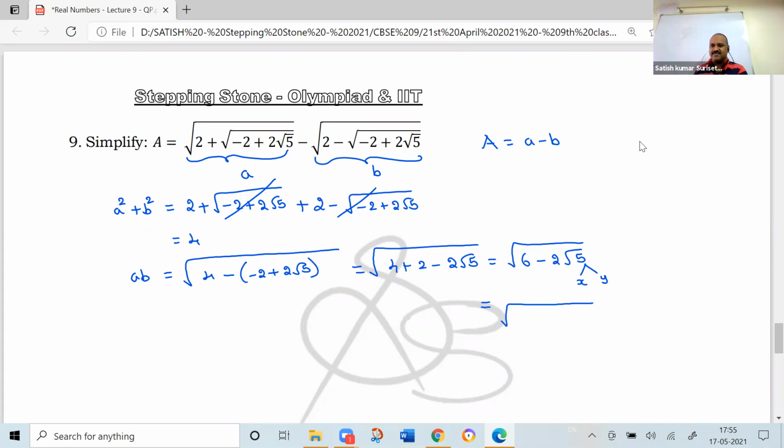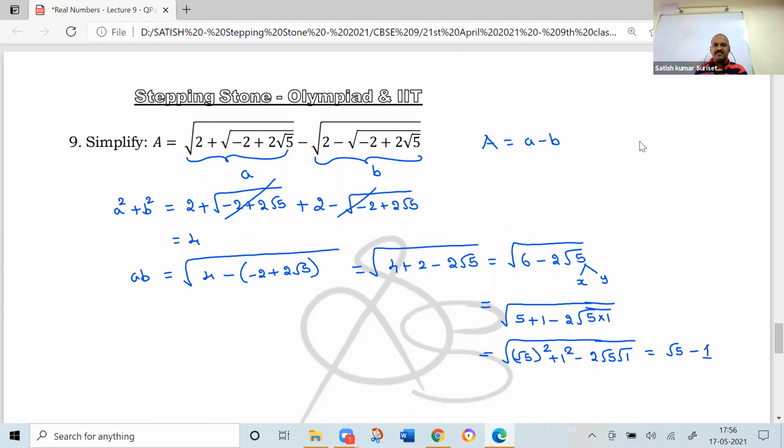So 5 into 1 and 5 plus 1. So 5 plus 1 minus 2 root 5 into 1. So now it will be same as root of root 5 whole square plus 1 square minus 2 into root 5 into root 1. Which is same as root 5 minus 1.